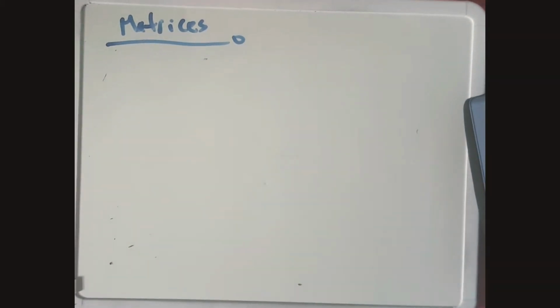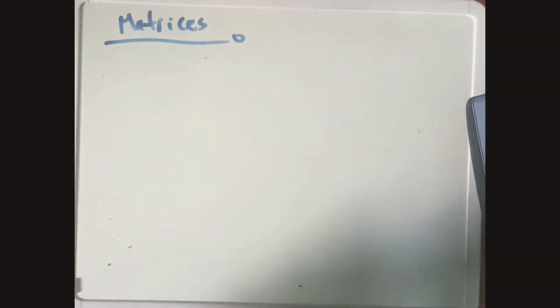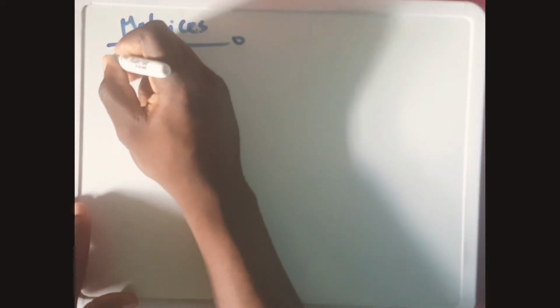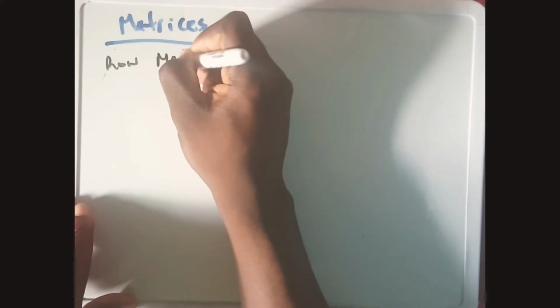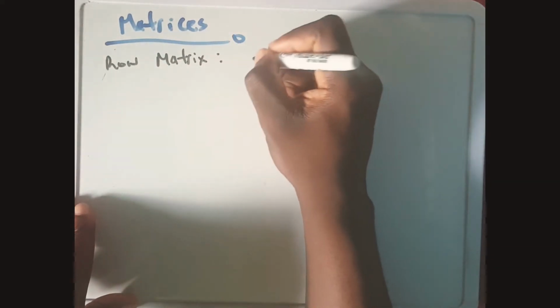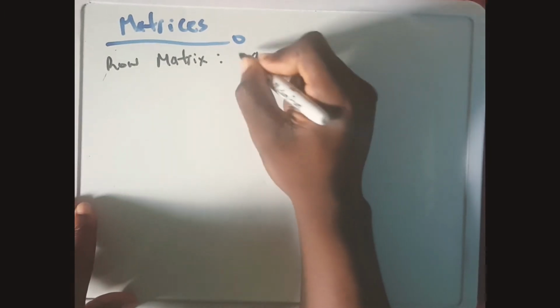So those two were row and column. Let me try and get all of them on the screen at once. So the row matrix, as I said just now, is A, B, C, 3 elements.